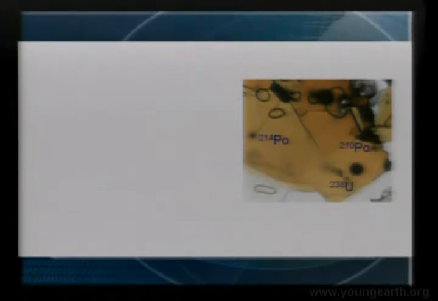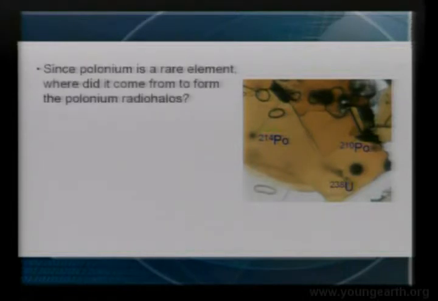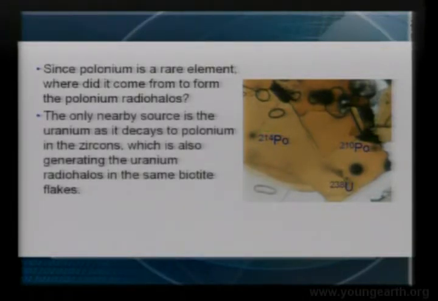And so this was a clue. Maybe the polonium has actually been derived from within the biotite flake, from the zircon crystals containing the uranium nearby that is also at the same time producing the uranium radiohalo. Where did the polonium come from? It had to have come from the zircons, which are also generating the uranium radiohalos.